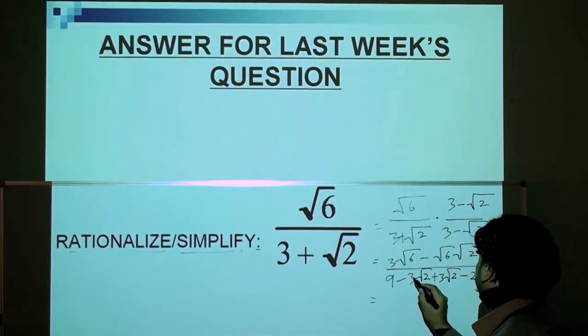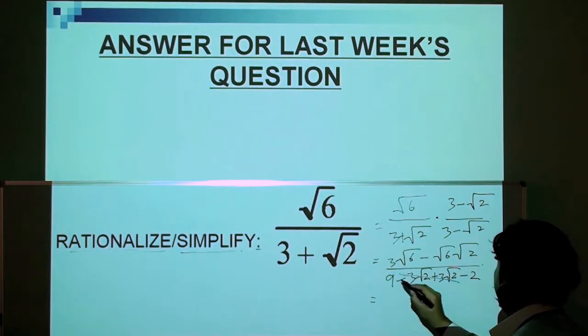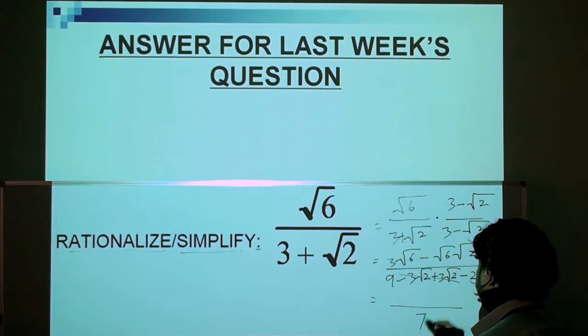Let's see, I have one here. Negative 3 square root 2 plus 3 square root 2, that can cancel out. So 9 take away 2 is 7.